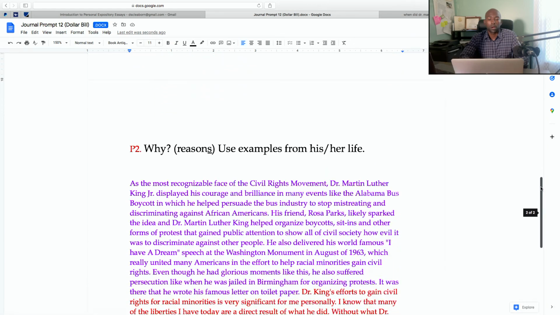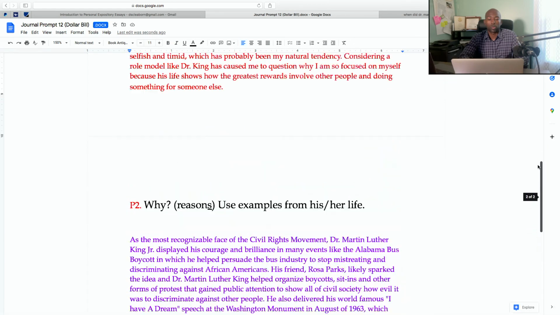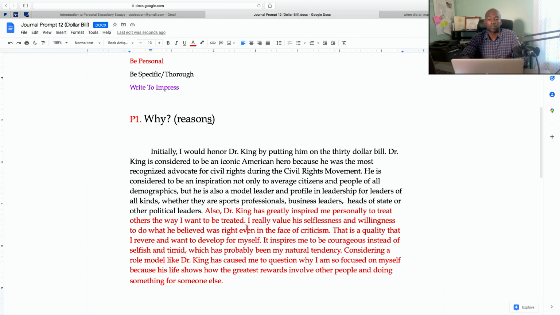Okay, also relating it back to myself. So that's what the personal information is. Me purposefully tying whatever it is I'm discussing back to me.